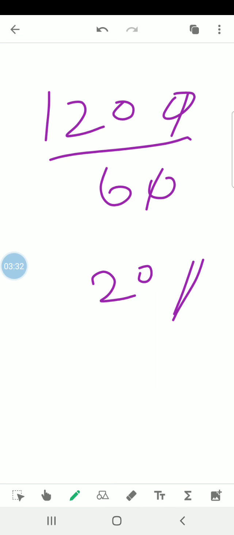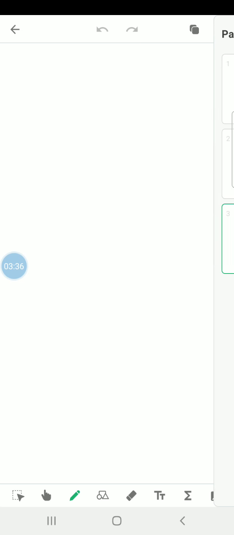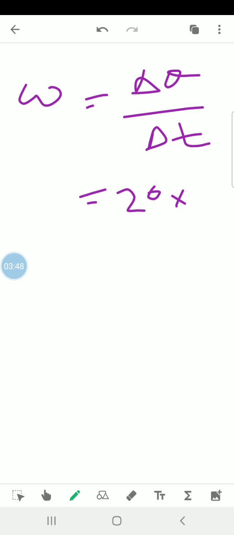The equation is simple. The equation is obviously omega equals delta theta over delta t. Now in this particular occasion, delta theta is 20 into 2 pi. I hope you understood why. Because it rotates 20 times. It goes through the full circle 20 times per second.